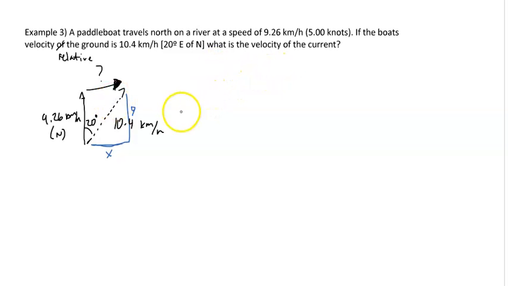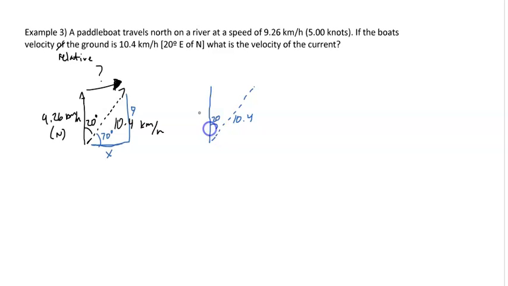Okay, so to find the x component of this, that's the same as 70 degrees here. Now we could do this, actually, let's do this with the original 20, just so that it is clear. It is 20 degrees, this being 10.4.